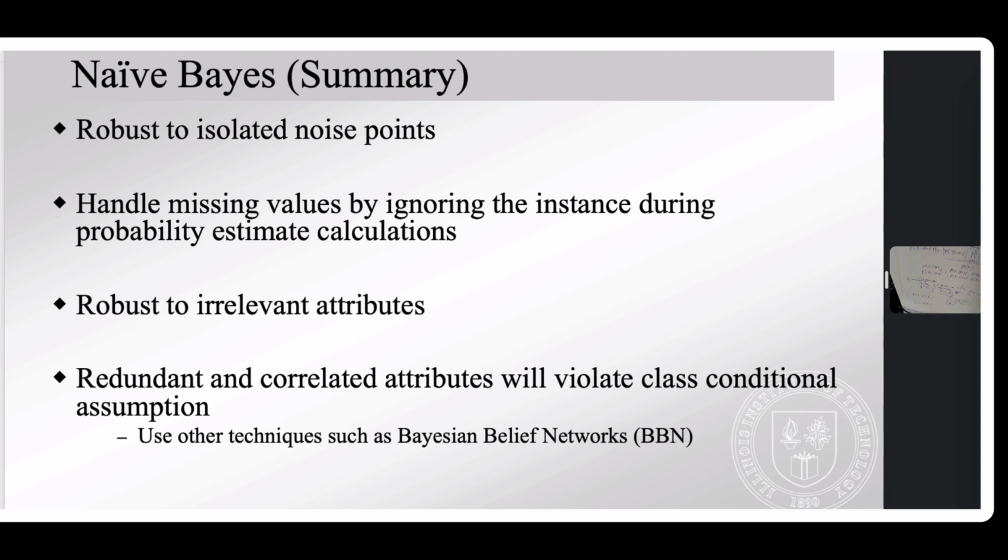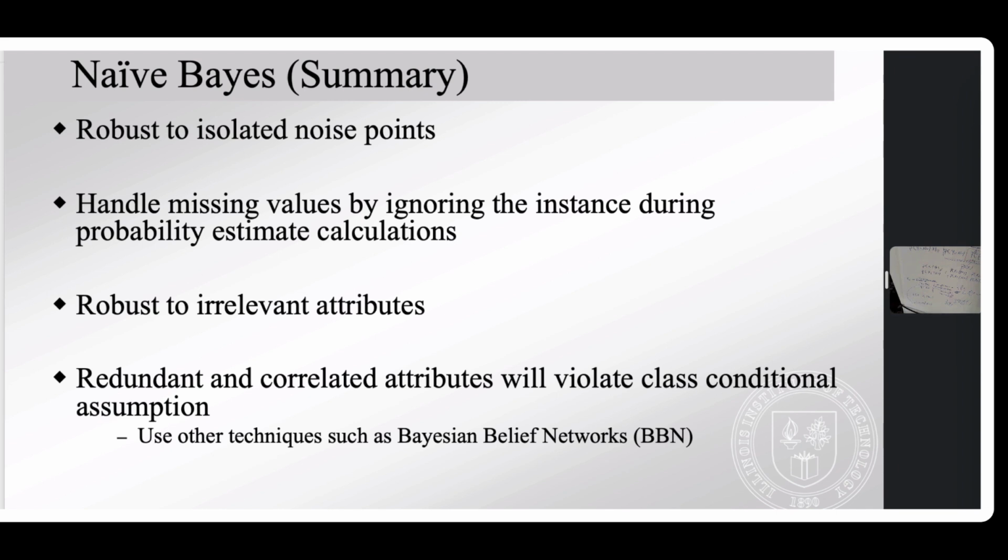Okay, it's nice. It's robust to isolated noise points, handles missing values by ignoring the instance during the probability estimate calculation, and is robust to irrelevant attributes. Redundant and correlated attributes will violate the class conditional assumption.